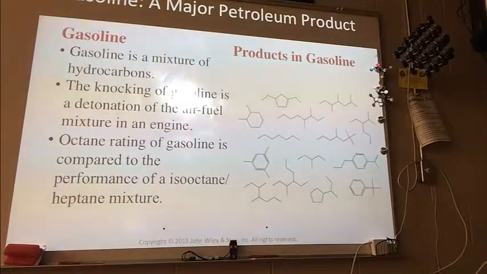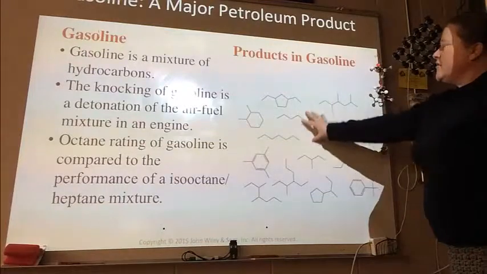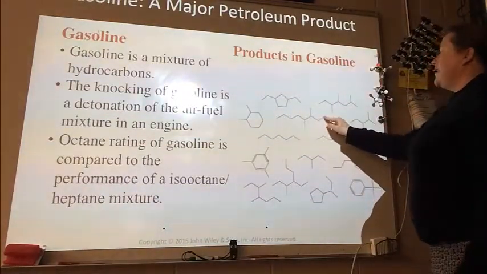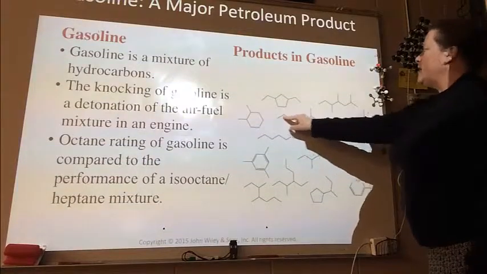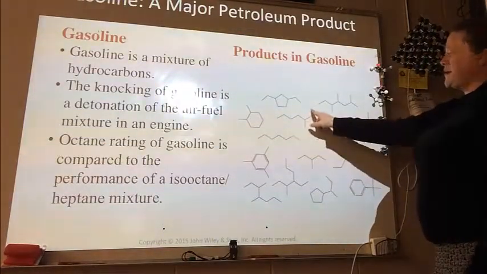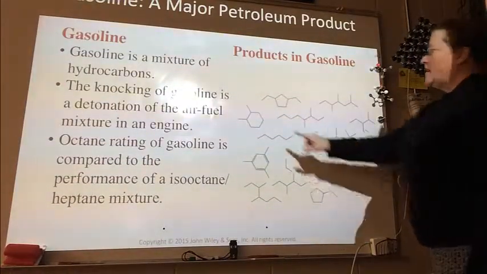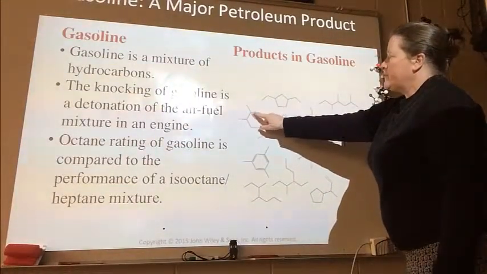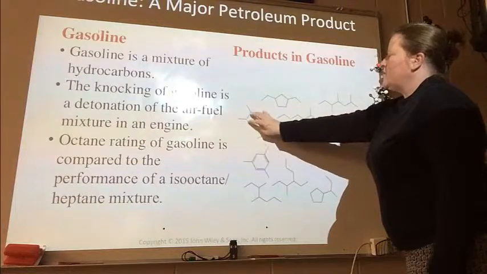So gasoline is a mixture of hydrocarbons. You can see that these are aligned structures. So this one is a 1, 2, 3, 4, 5, 6, 7, 8 carbon structure with 2 methyl groups. Here we have a cyclical structure. So there's 6.